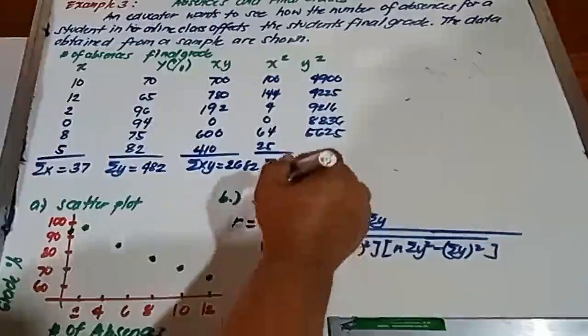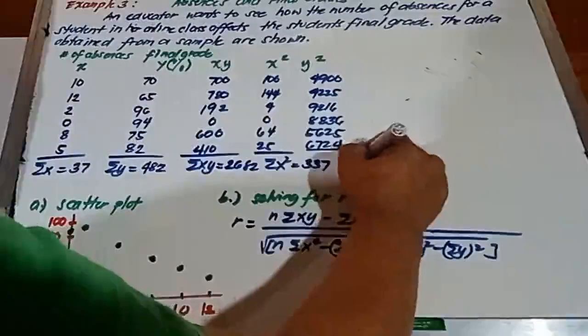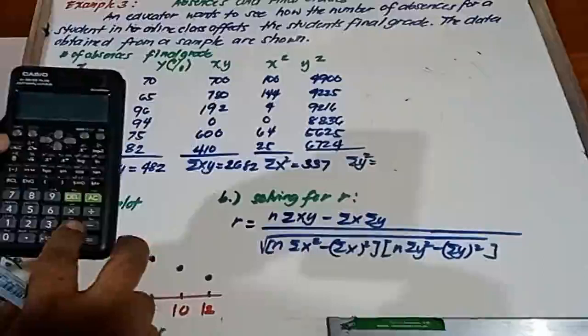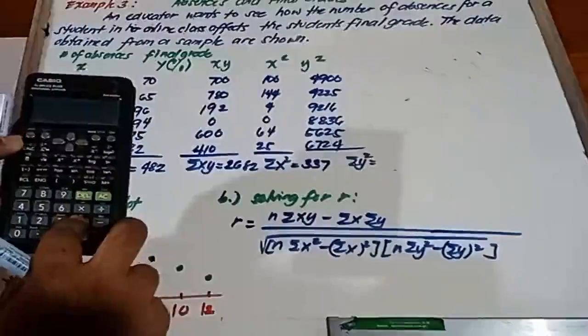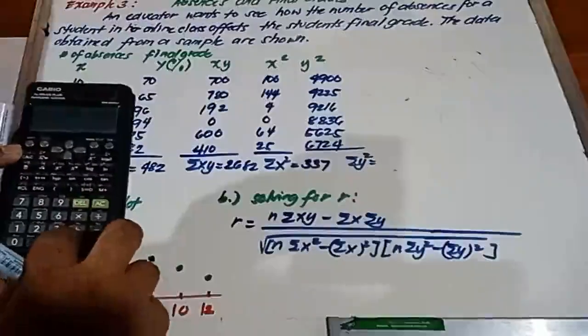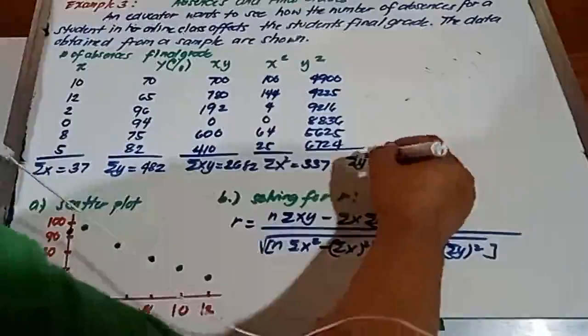And 82 squared is 6724. Then kunin natin yung summation of y squared. We have 4900 plus 4225 plus 9216 plus 8836 plus 5625 plus 6724. 39526. Okay?